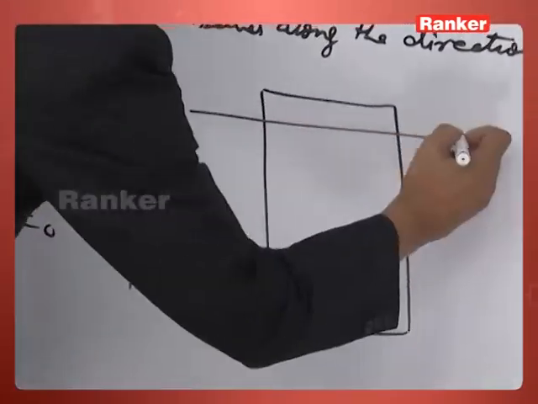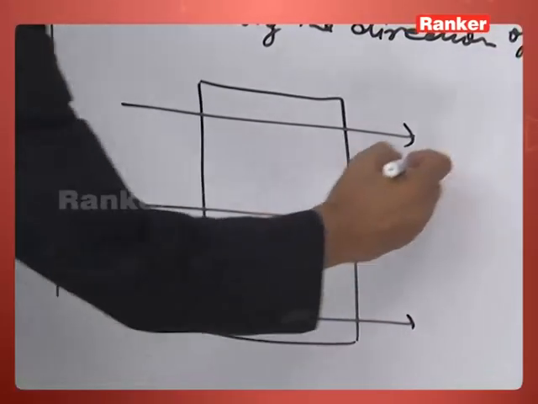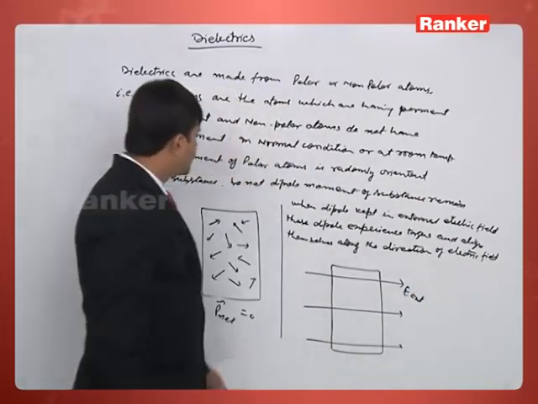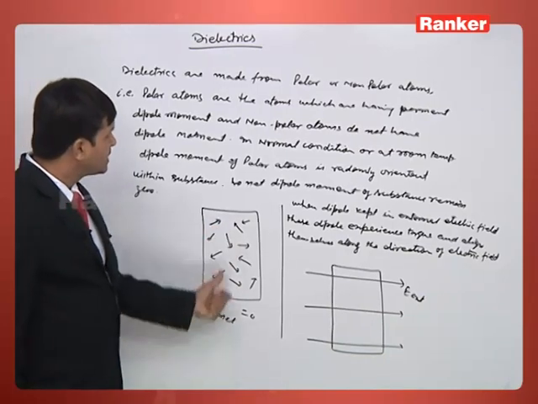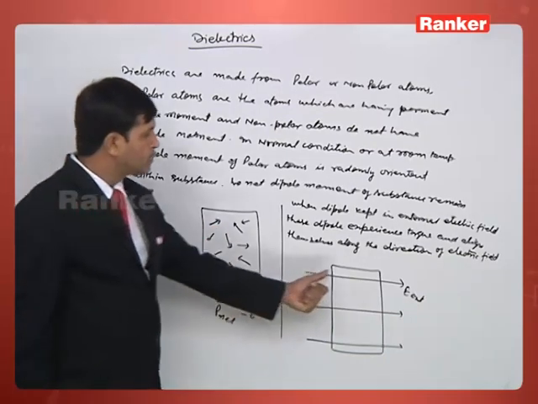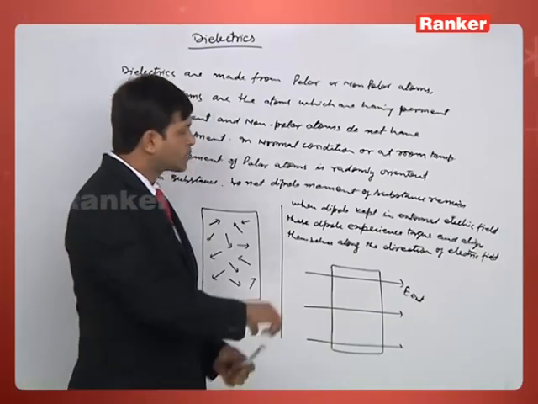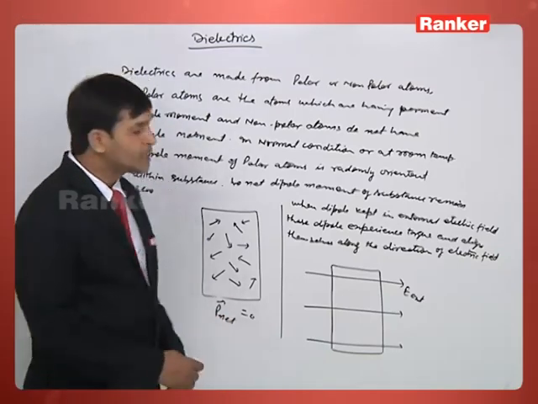So this is your external electric field. If this is the external electric field, what will happen? Earlier, the dipole moment was oriented randomly here, but due to the effect of the electric field, this dipole will experience torque and try to align itself in a stable equilibrium position.